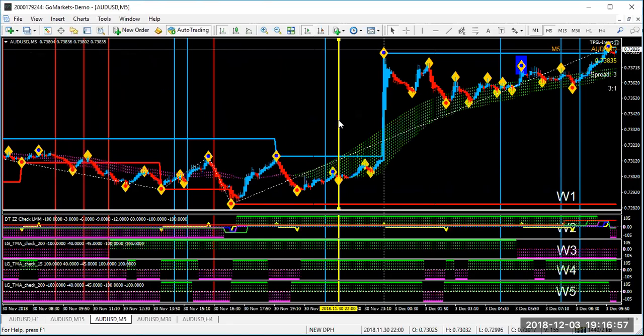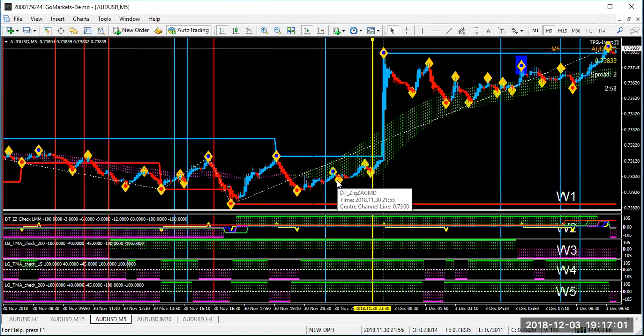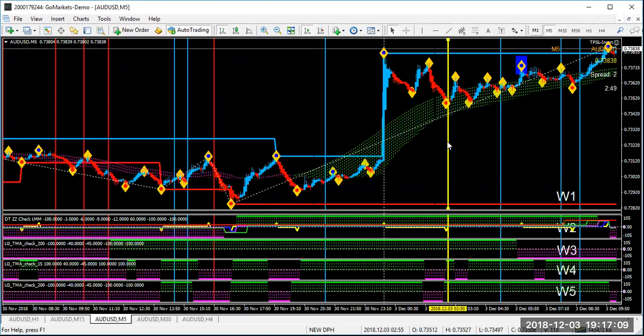Even here, these were re-entries. The diamond just gives you a clue about what might be a better spot. So the diamond's more just a little landmark that the system can throw you. So this is just a guide.